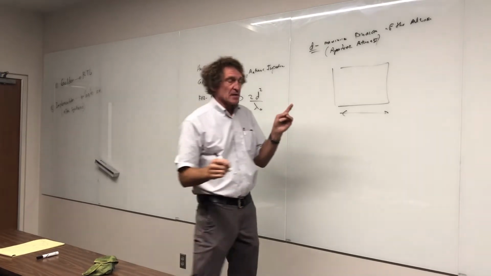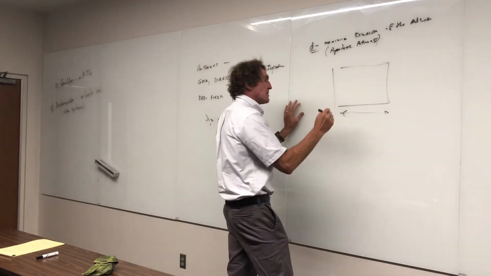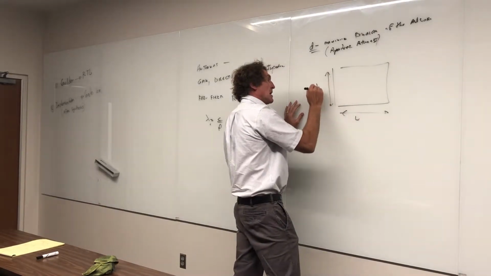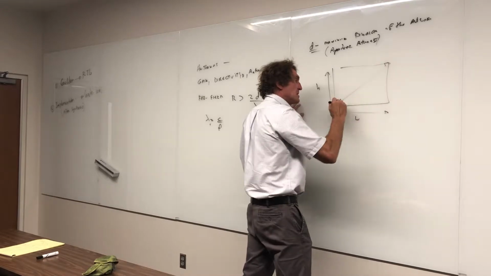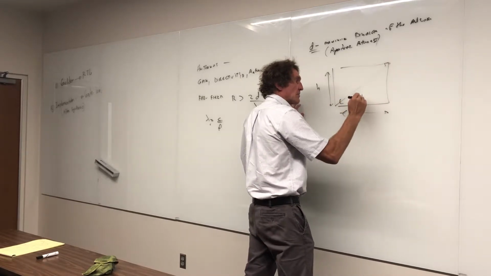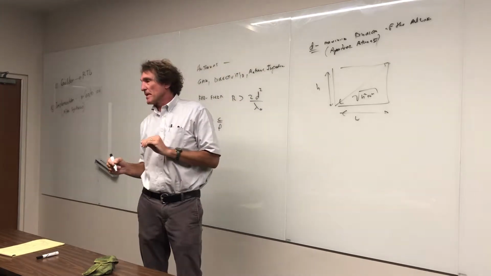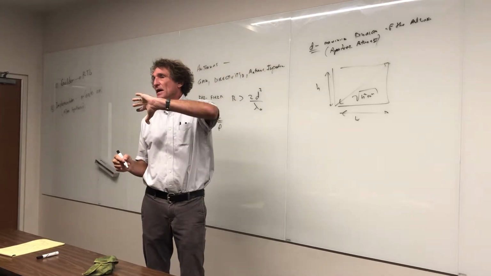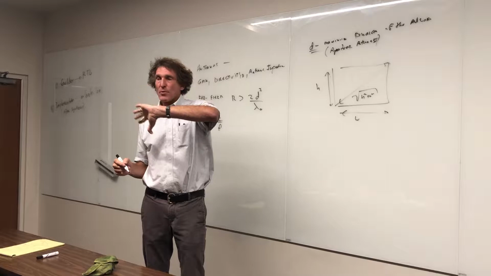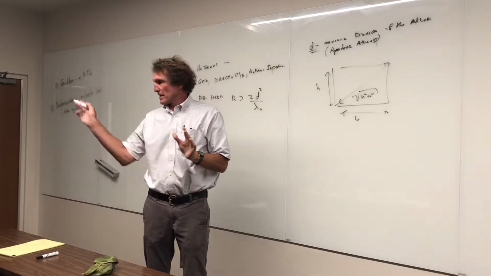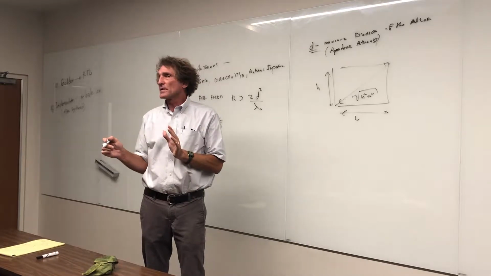If you have a horn antenna, then you're going to have some width W and some height H. Well, the maximum dimension is the square root of H squared plus W squared. Follow me on this? So it's always the maximum dimension of the cross-sectional area of the antenna. So with horn antennas, with dish antennas, with any type of an elliptical radiator, you always look at that dimension.